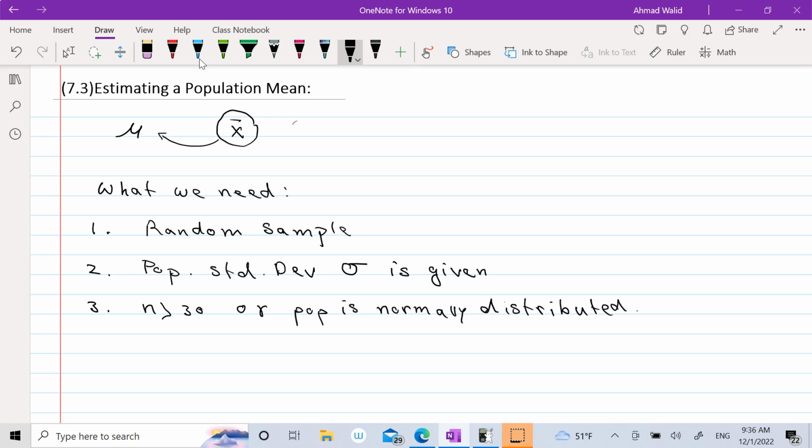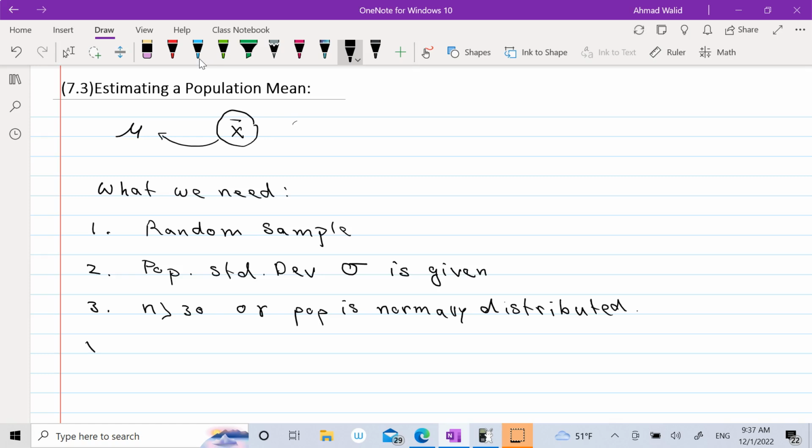If your sample size is less than 30, then definitely your population should be normally distributed. If your sample size is bigger than 30, even if the population is not normally distributed, who cares, correct? We discussed before in chapter 6.